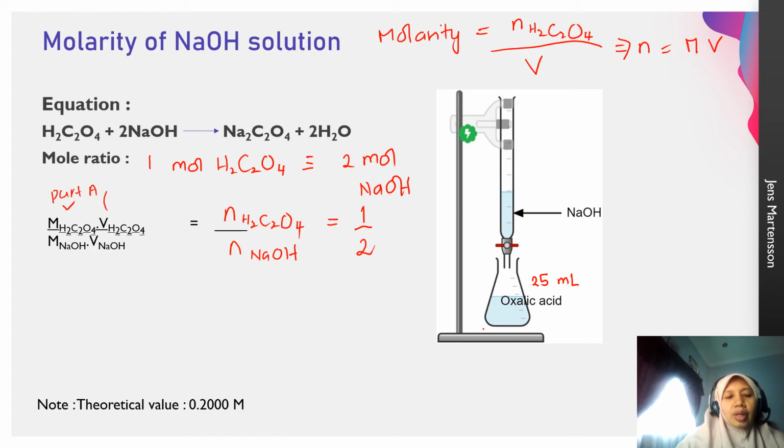The volume of oxalic acid is 0.025, which means 25 ml. Molarity of NaOH, this is what we are trying to solve for. And volume of NaOH is around, I don't know how you calculate the average volume, 0.2443 maybe, liters.